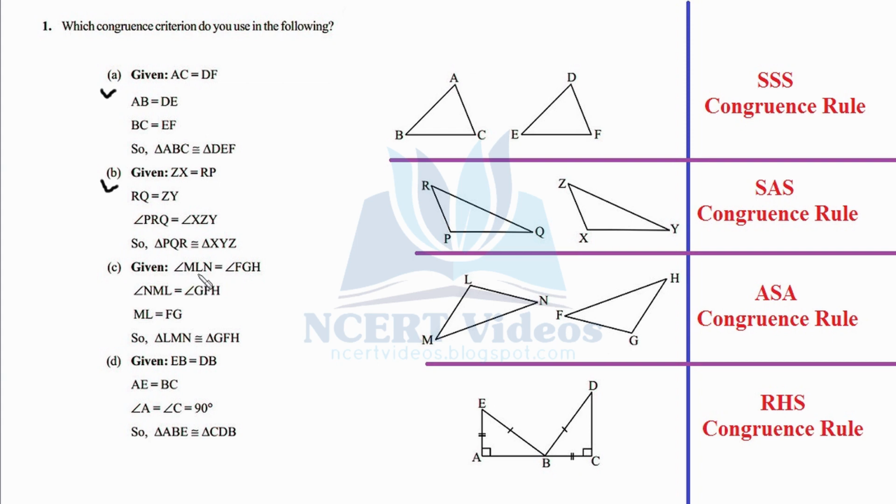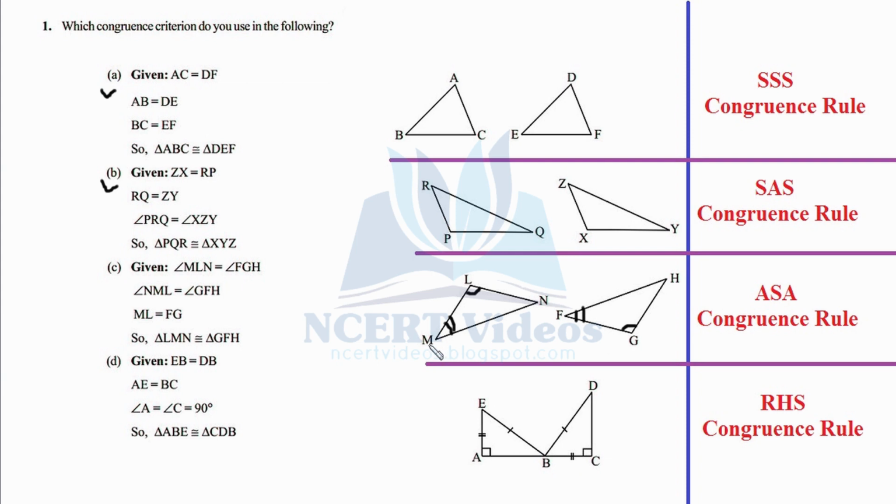C, given angle L and G is given, and M and F is also given. Also one side is given, ML equals FG. So in this case, angle L matches with angle G, M matches with F, so we can mark the two angles.